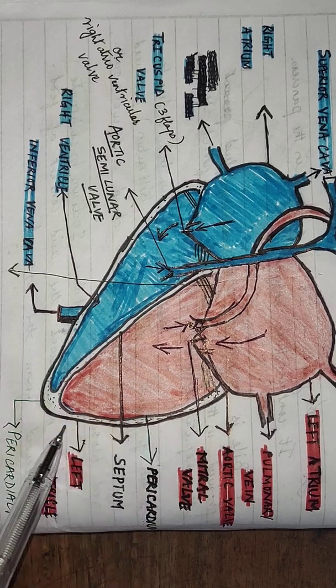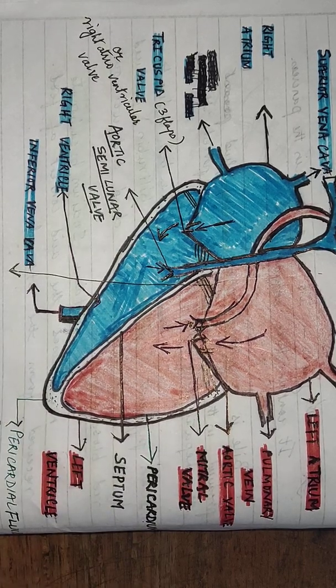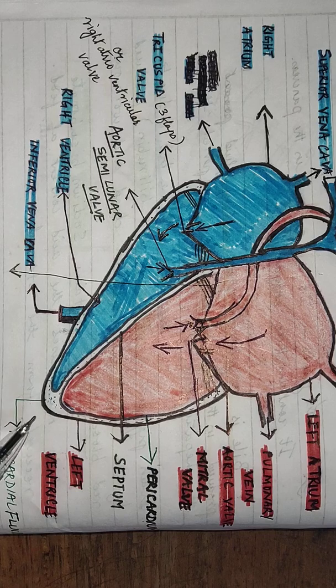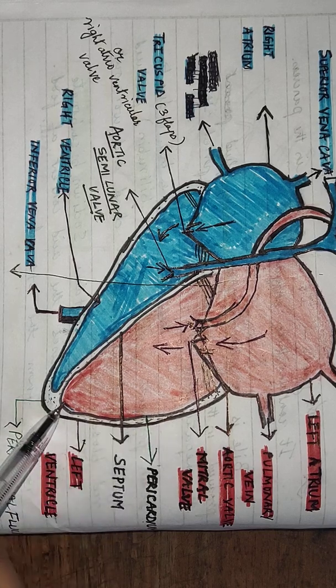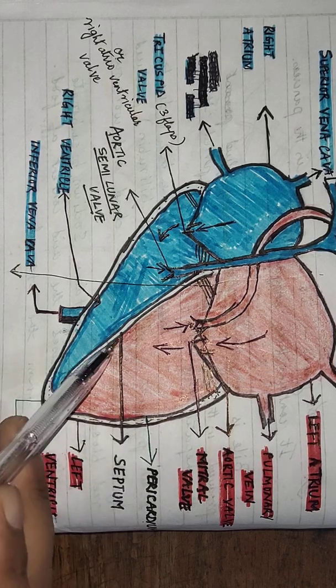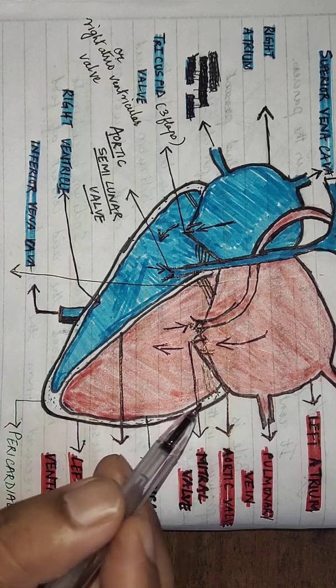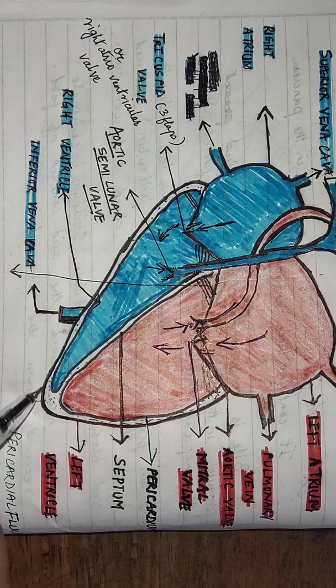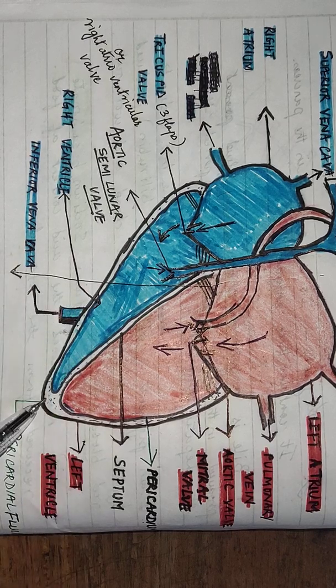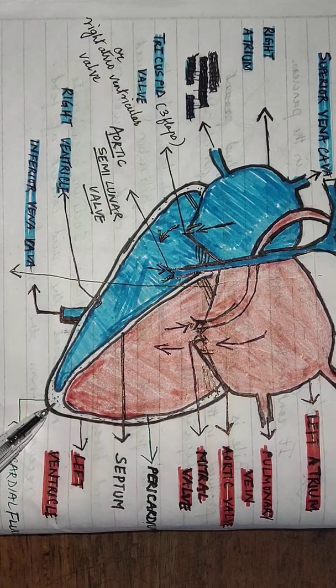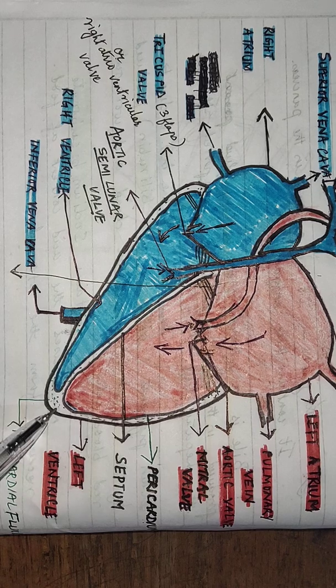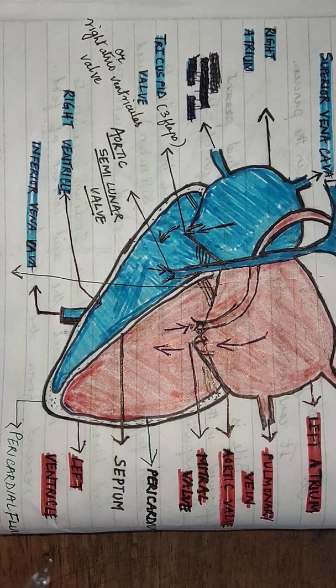You can see the green one, this is known as the two pericardial layers, and between these layers is present the pericardial fluid. So why do we require pericardial fluid?